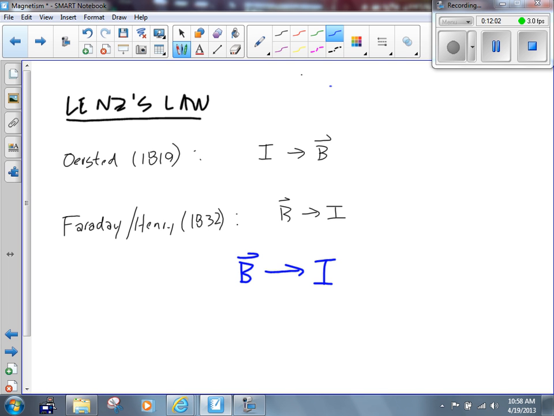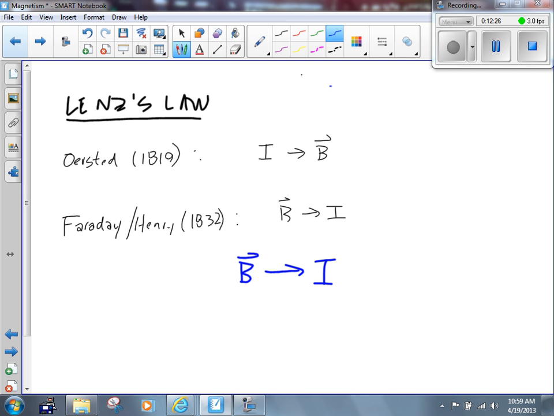The first one was move the wire, generate a current. The second one was move the magnet. We're dropping the magnet, gravity's pulling it down, the magnet's moving through the conductor, and there's current in that pipe. Now that current wasn't strong enough, even though I was holding the copper pipe, to move the magnet. It was there.